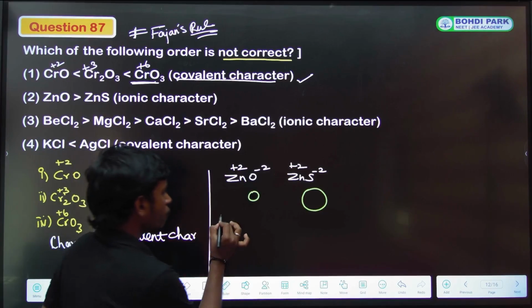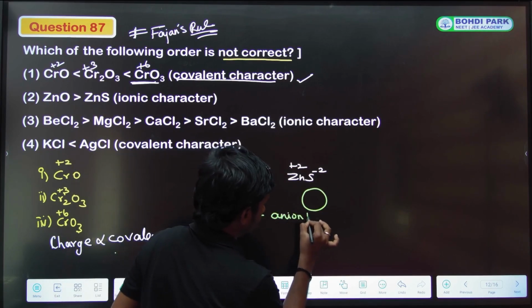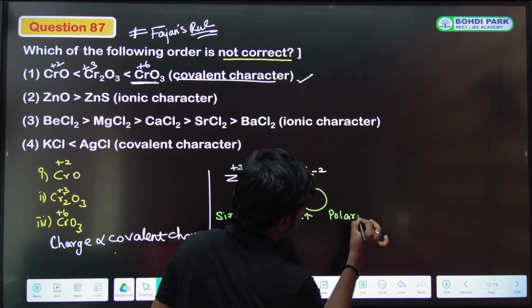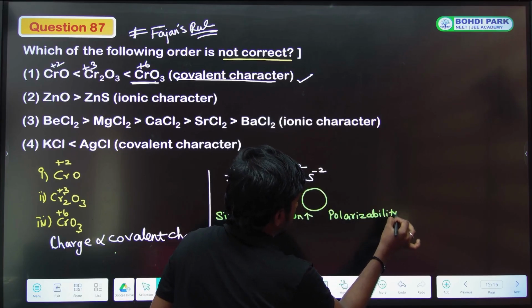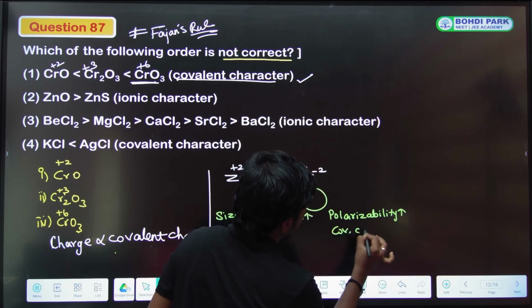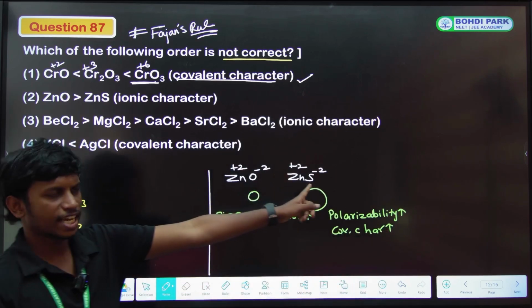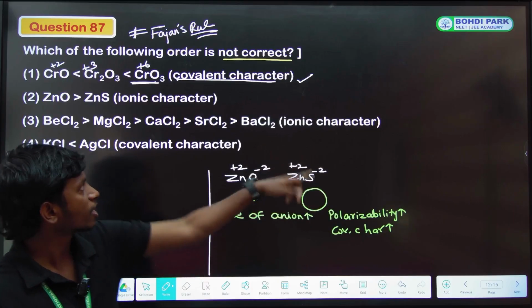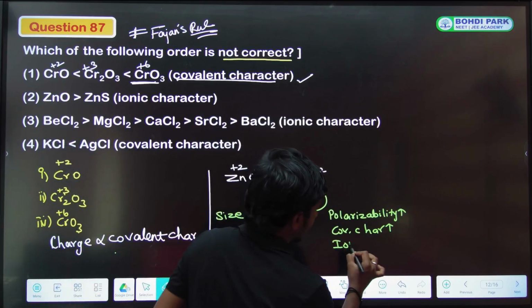When the size of the anion is larger, the polarizability is high, and the covalent character is also high. So zinc sulfide has a larger anion, so higher polarizability and higher covalent character. When the covalent character is higher, the ionic character will be less.